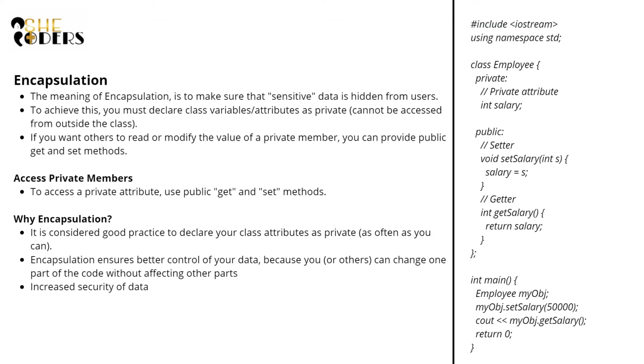We want to hide them, and for that encapsulation is important. It ensures better control of your data, because you can change one part of the code without affecting the other parts. And as the data is encapsulated, it also increases the security of data.